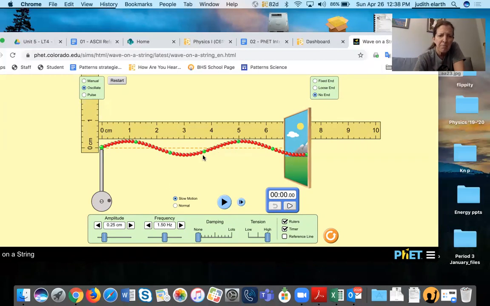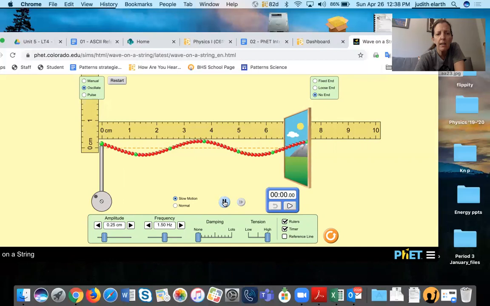I get like 4 point almost 2 here. If I did it the other way, I get, from here to here, 4 point almost 2.